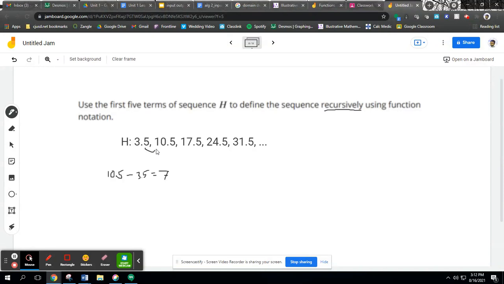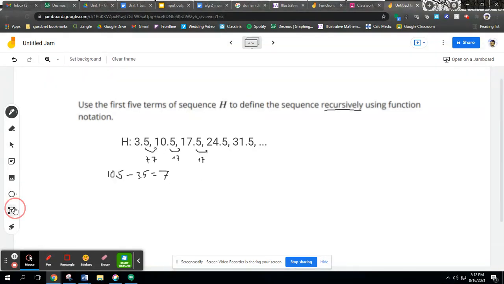I could check that, see if I'm adding by 7, because I got a positive 7 here. Hey, this sequence is increasing by 7 there. Does it work again? 10.5 plus 7. Yep, that's true. 10.5 plus 7 is 17.5, and so on. 17.5 plus 7 gives me 24.5. We can keep checking, but we can see now that we're just adding 7 every time.